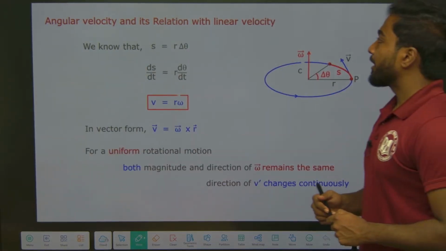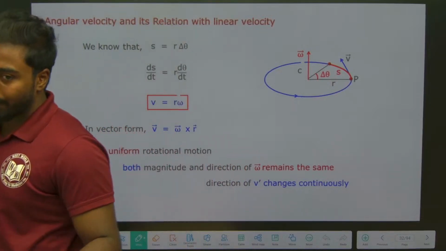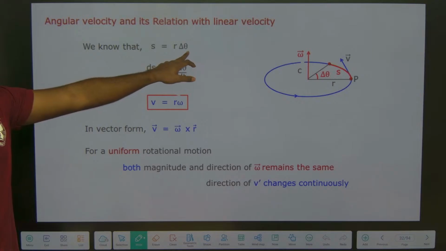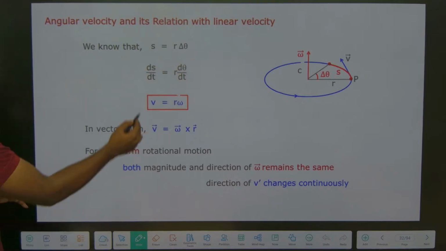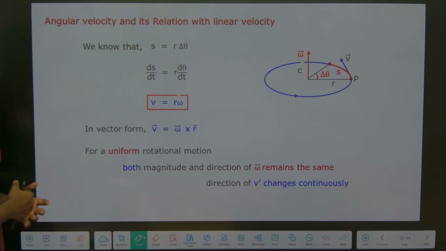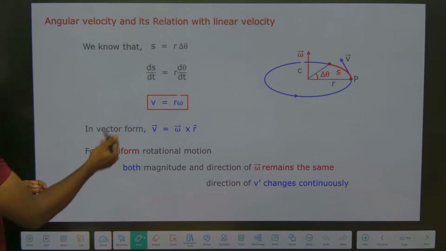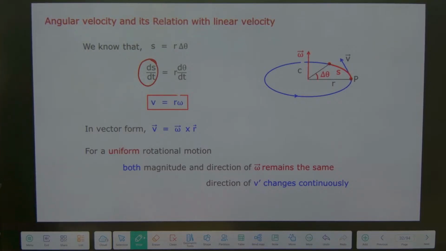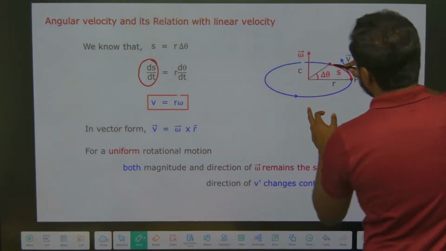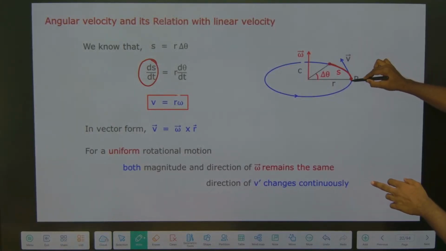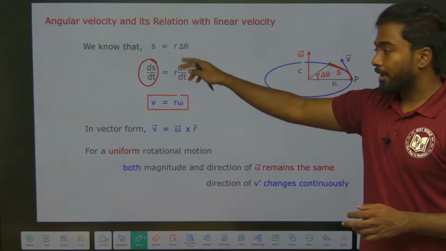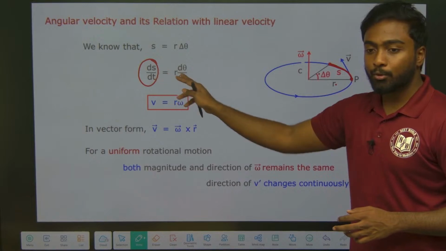Now we need to find the relation of angular velocity with linear velocity. We know that s is equal to r into delta theta. If we differentiate with respect to dt on both sides, ds by dt is equal to r into d theta by dt. Here s is the traveled path.